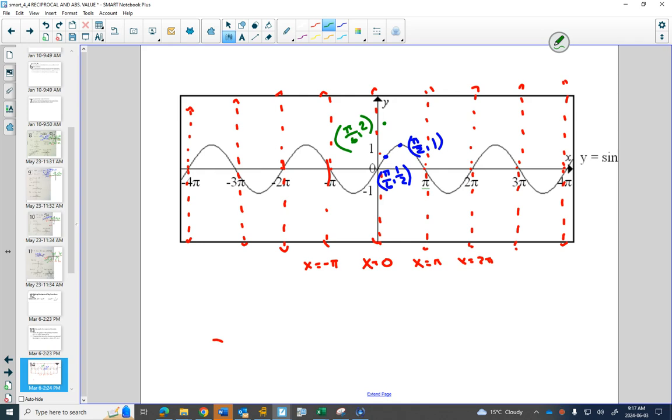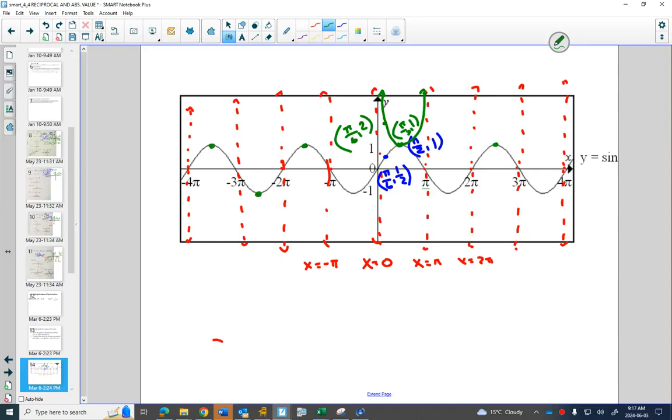Does it make sense that this one is going to stay the same? You're going to have pi over 2 comma 1 again, because you do 1 over 1. And if your graph has to go towards asymptotes, does that make sense in that section? And once you've done one section, you'd be like, oh, well, wherever it's 1, it's going to stay the same.